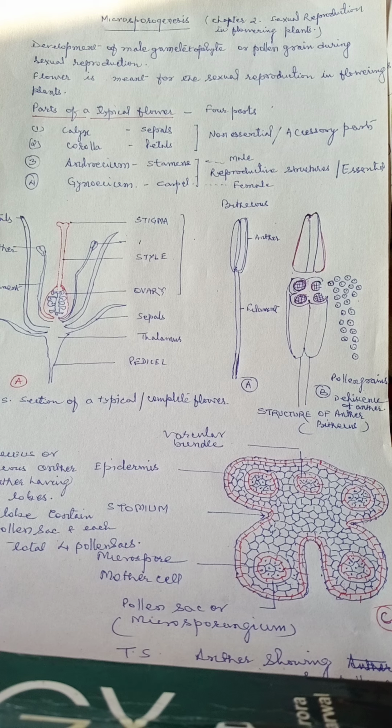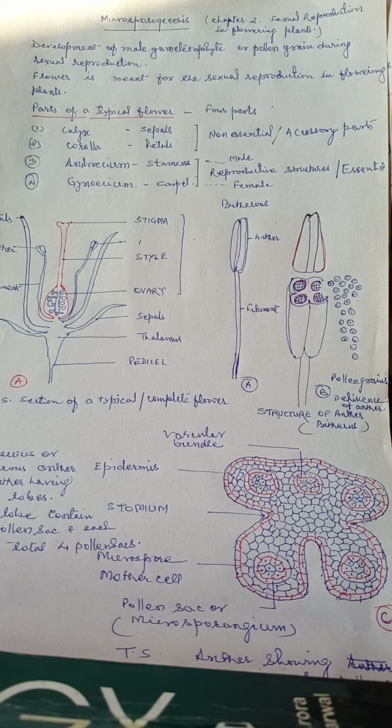Today I am going to explain a topic, microsporogenesis, of the chapter Sexual Reproduction in Flowering Plants. Students, you know that microsporogenesis and megasporogenesis are the two important events of sexual reproduction in flowering plants. I will be taking up these two topics one by one.